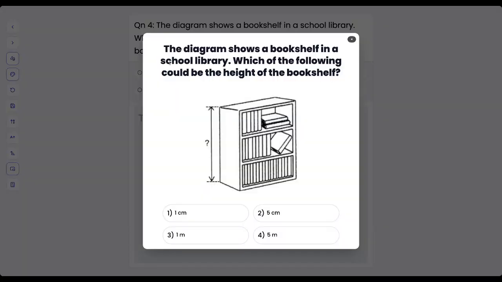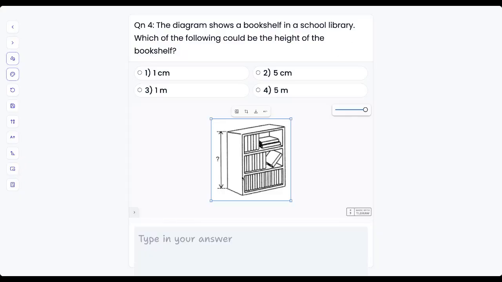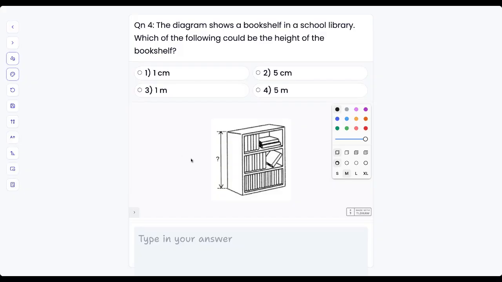Question number 4. The diagram shows a bookshelf in a school library. Which of the following could be the height of the bookshelf? Usually we use what we know in real life to measure certain things.